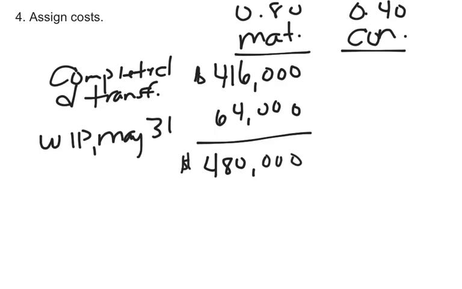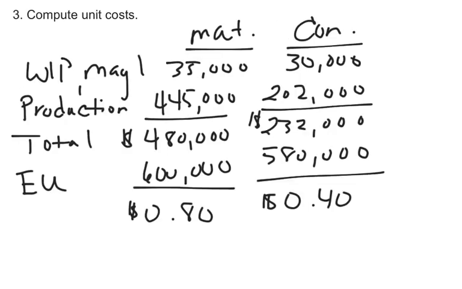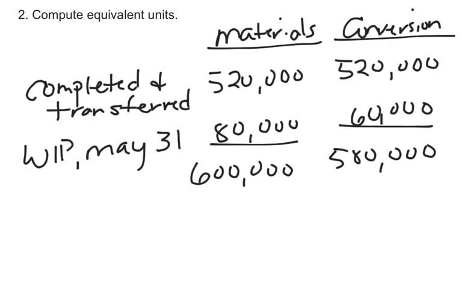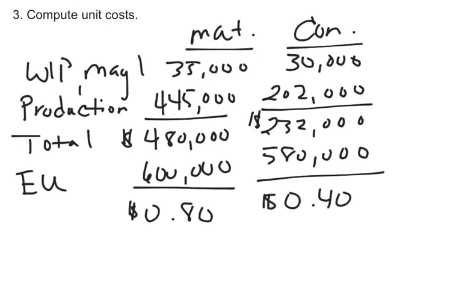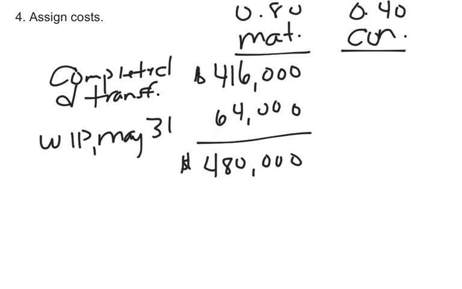Now, we also need to look at conversion. Conversion costs are 40 cents per unit. So let's look at our equivalent units for completed and transferred. We had 520,000 equivalent units. If we apply that at a rate of 40 cents per unit, that's a total of $208,000.